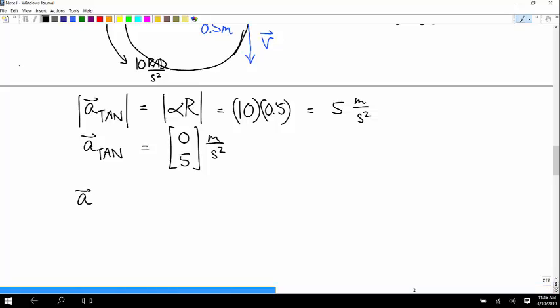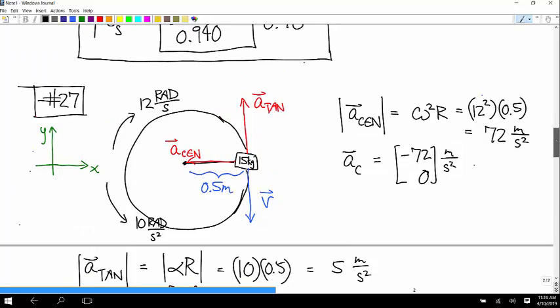So the total acceleration vector is negative 72, positive 5. Based on what we drew here, is that in the right quadrant? Yeah, we could tell that it has to be in the second quadrant here, so it has to have negative x component, positive y component. That's what we got.